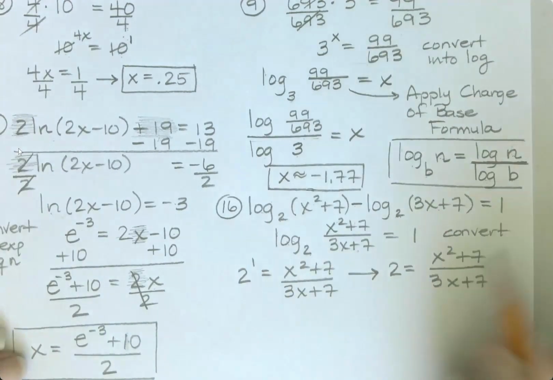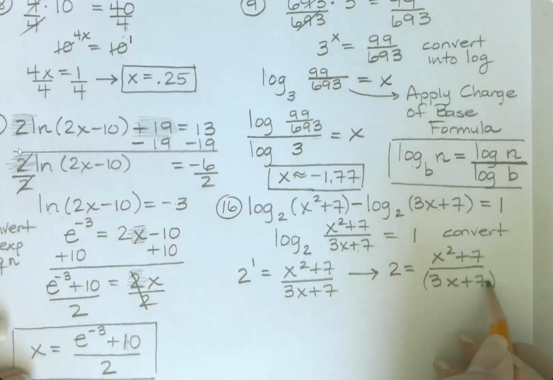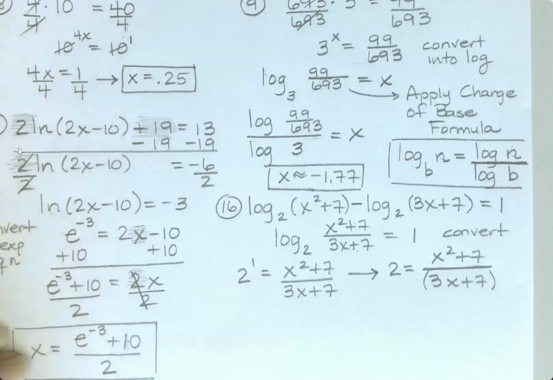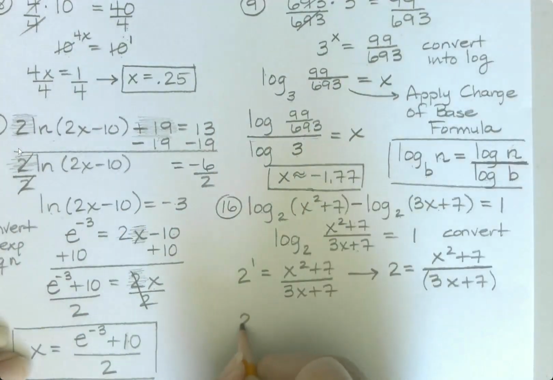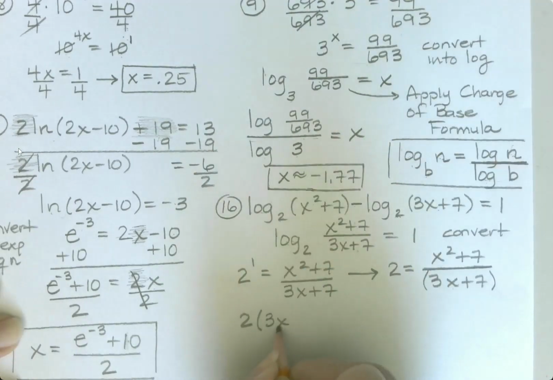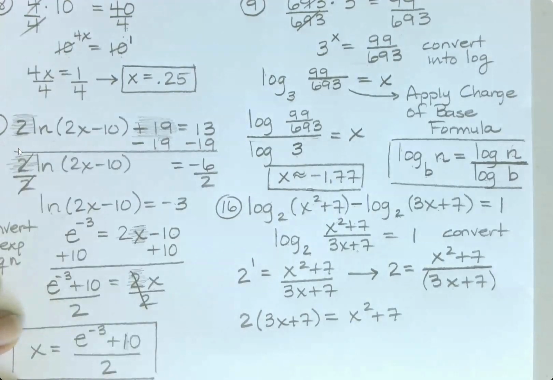So what you're going to do is take this entire quantity in the denominator, the 3x plus 7, it's dividing by the x squared plus 7, right? So I want you to move it to the other side, multiplying. So the 2 is going to multiply by 3x plus 7. And on the other side, the x squared plus 7 is all alone now. Okay?